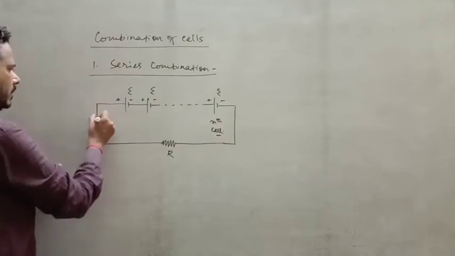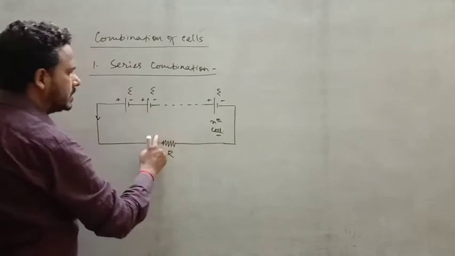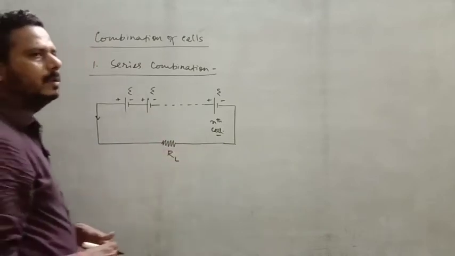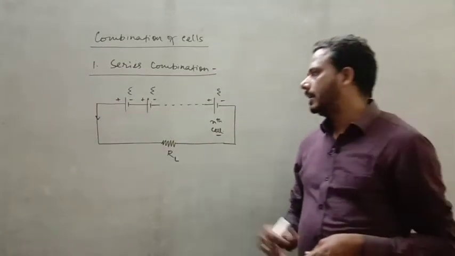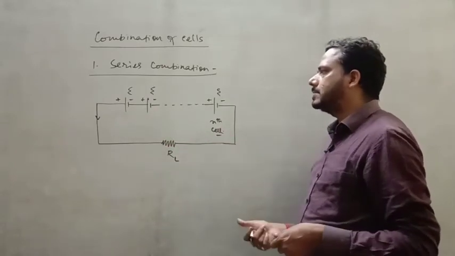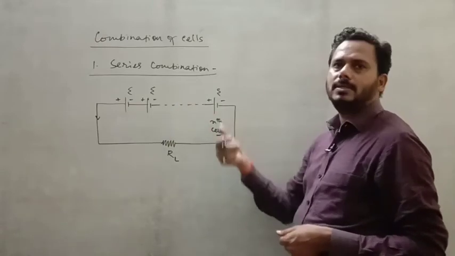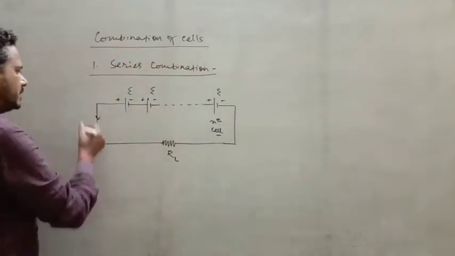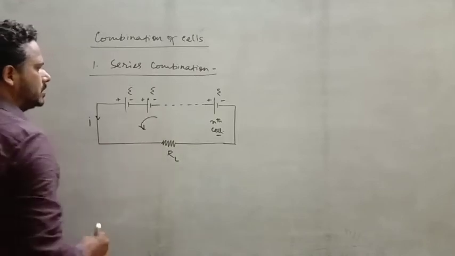So the current will flow in this circuit, because we have connected a load resistance, RL, the load resistance. This circuit is connected by the number of cells in the same manner in series. Just suppose that current I is flowing in the anti-clockwise direction.